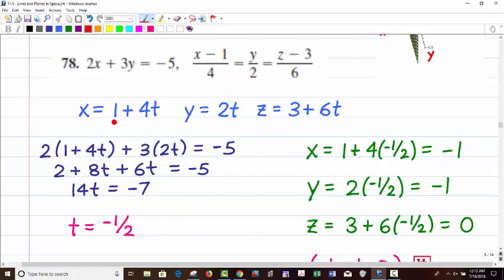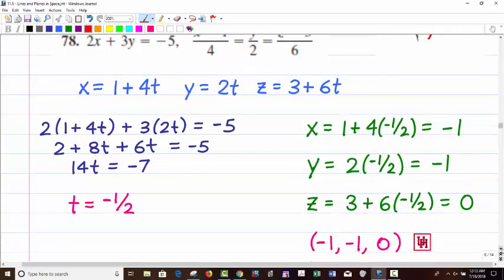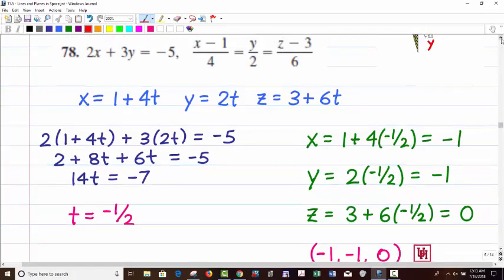All I have to do is take my parametric equations and put in negative 1/2 for each one, and I get negative 1, negative 1, 0. That's the point where the line intersects the plane. You put in negative 1 right here and right here, and it's easy to see that does equal negative 5. So that checks. We solved it for the line, and it also checks with the plane.